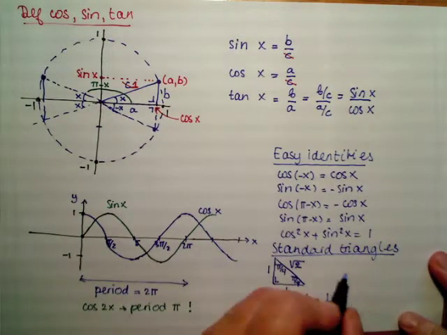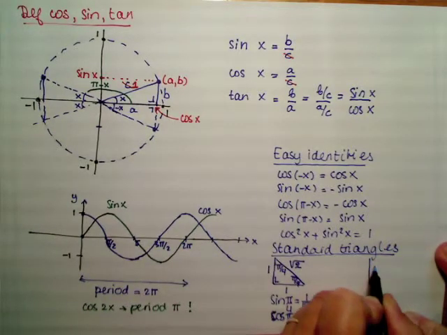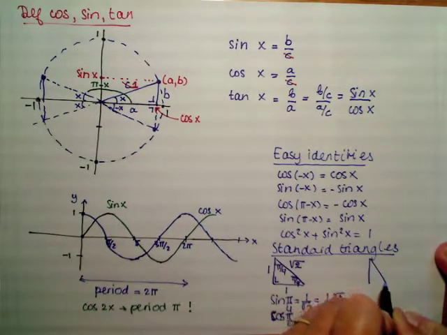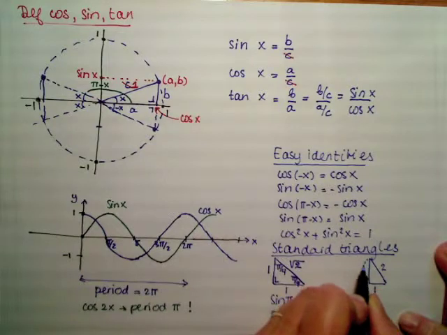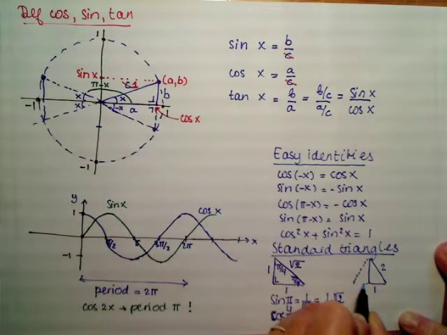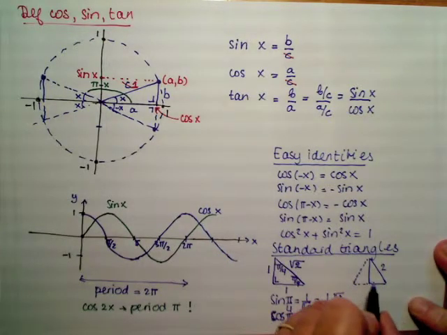Now the other important triangle is this one, which has sides 2 over here, 1 over here, and if you make it into a triangle with equal sides 2, 2, 2, then you can see what the size of these angles are, because this one is, as in the previous one, pi over 2, the straight one.